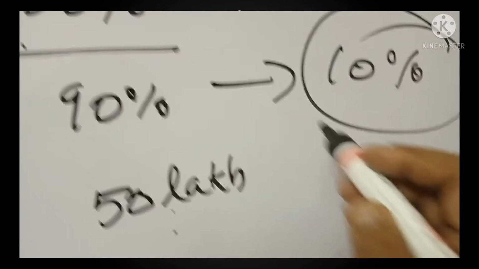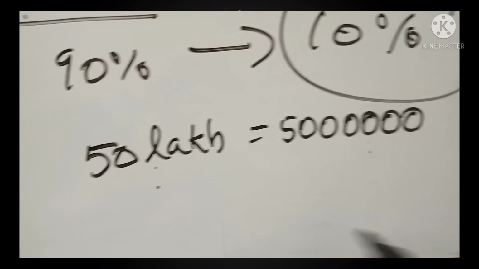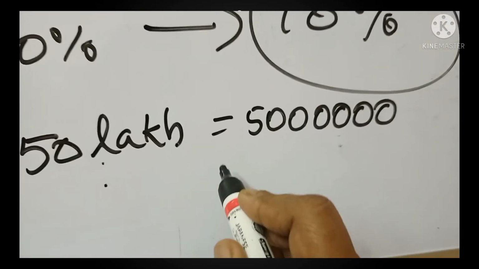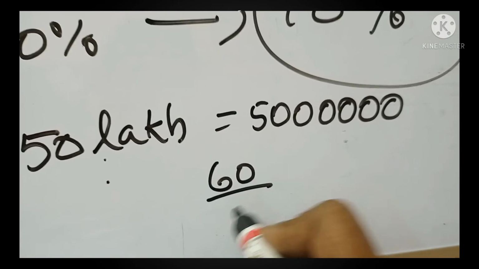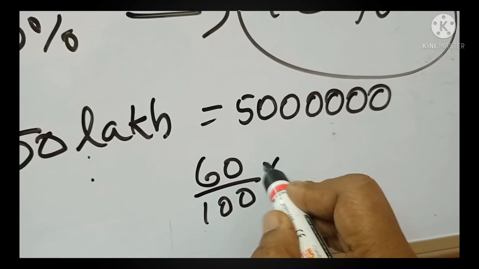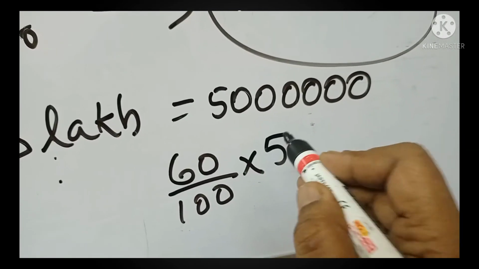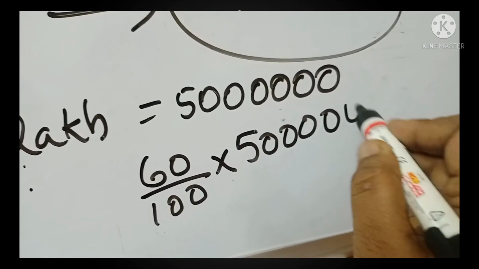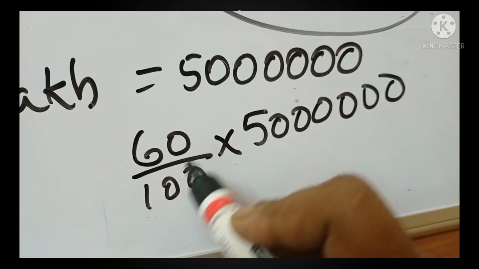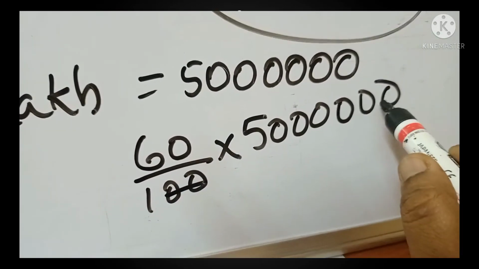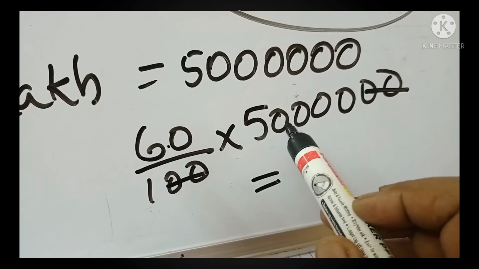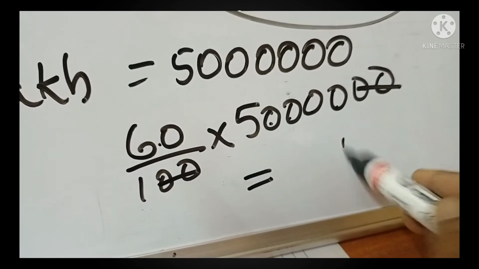So let us find 60% of 50 lakh. That is 60 by 100 into 50 lakh. Then we can cancel 2 zeros. Then how many zeros remain? 1, 2, 3, 4, 5.